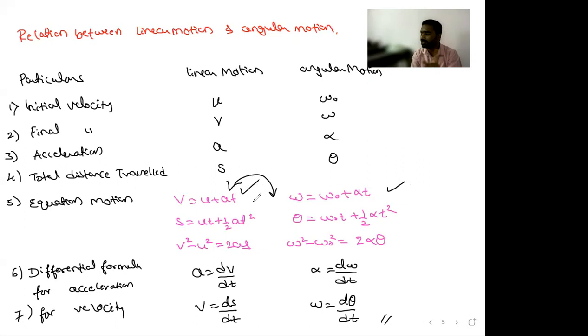But I have not given any relation between these two. Is there any relation between v and omega? No. Between s and theta? No. Between acceleration and alpha? No. So now we will see the relation between linear motion and angular motion.